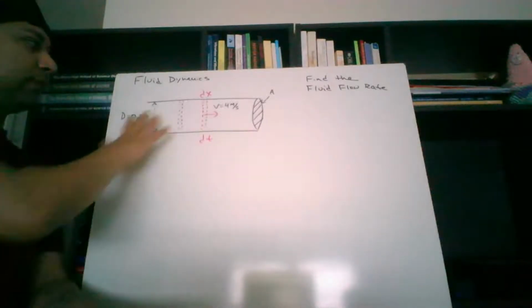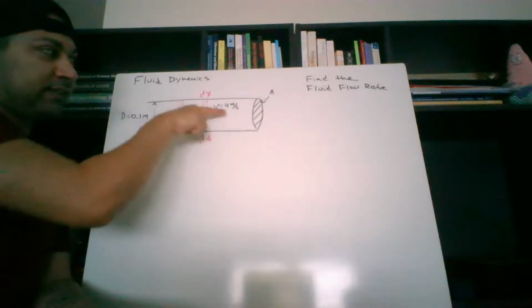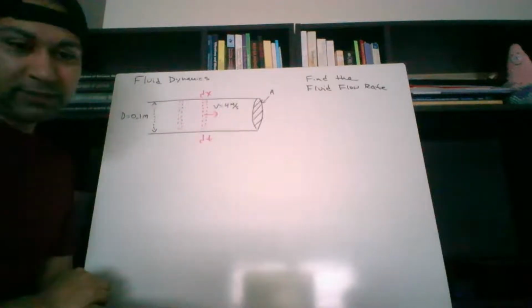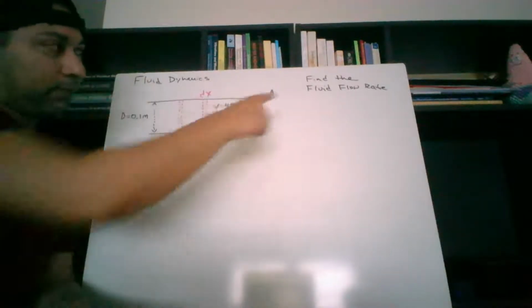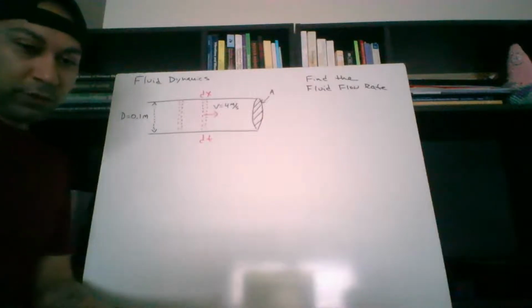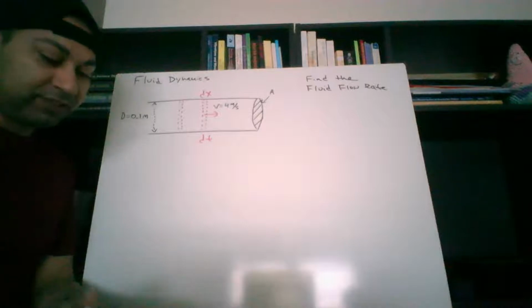So here we have a picture, and the speed of the water is 4 meters per second. What we want to do is find the fluid flow rate. Now, the fluid flow rate is the change in the volume divided by the change in time.